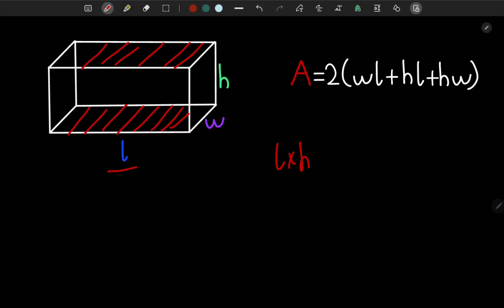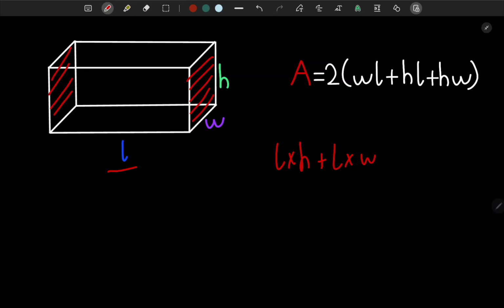which is W. So here it will be plus L multiplied by W, and the last rectangle, which is on the left side and the right side, is this one, which is going to be W multiplied by H, right? So length multiplied by width, which is the same thing.